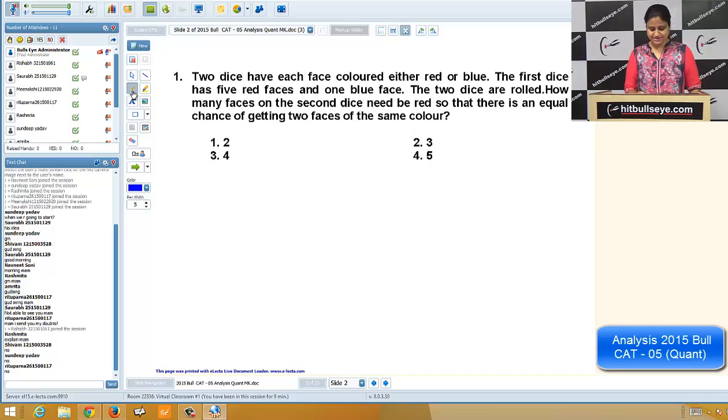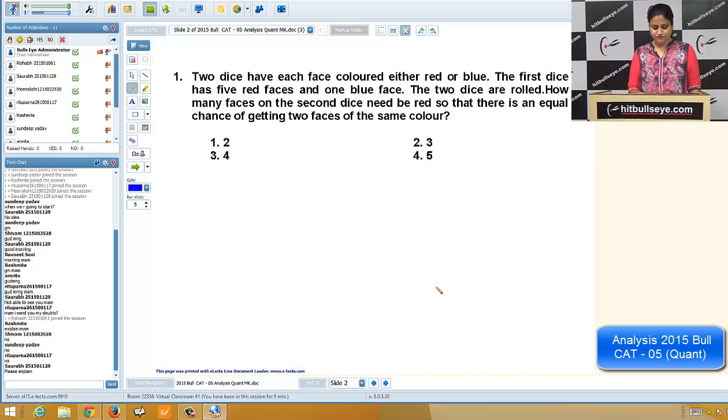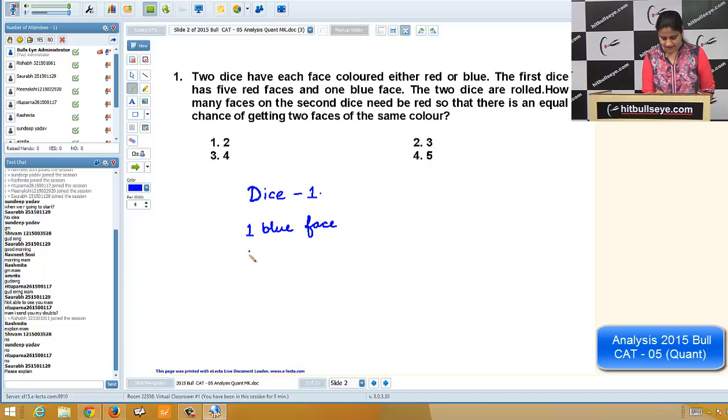Two dice have each face colored either red or blue. The first dice has 5 red faces and 1 blue face. So, dice 1: there is 1 blue face and 5 red faces.